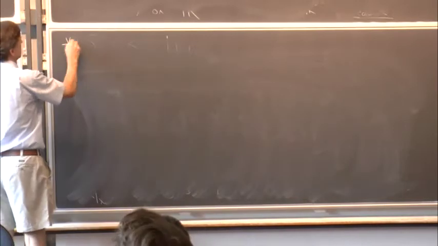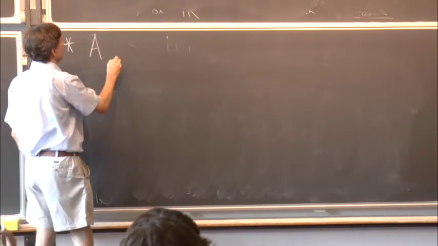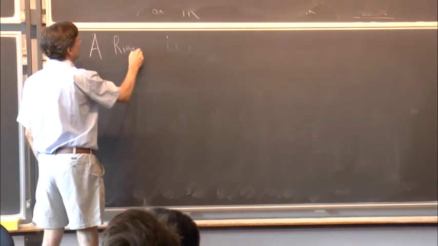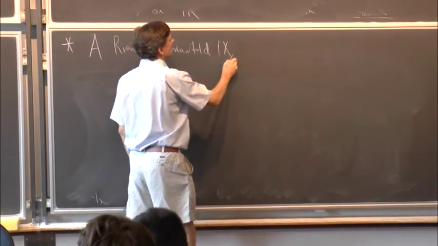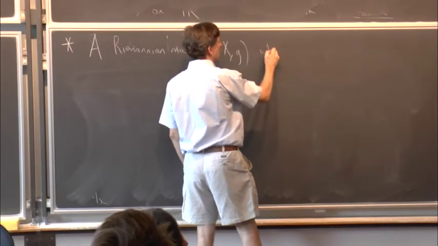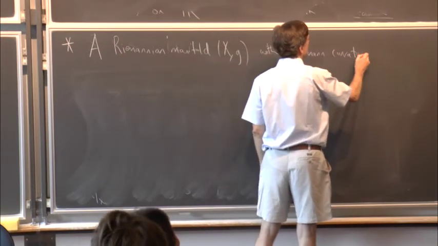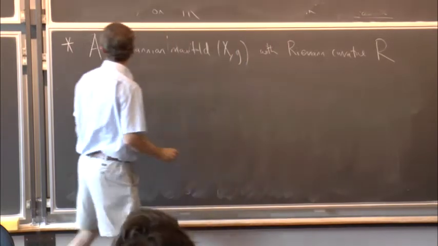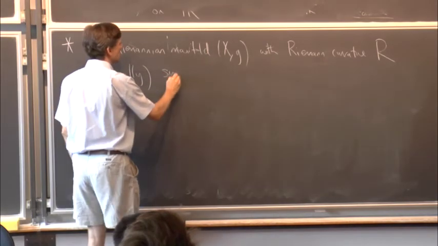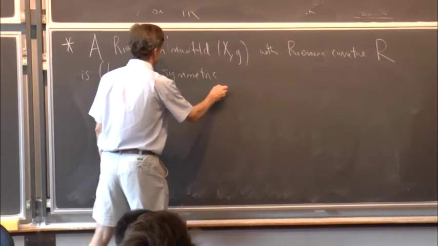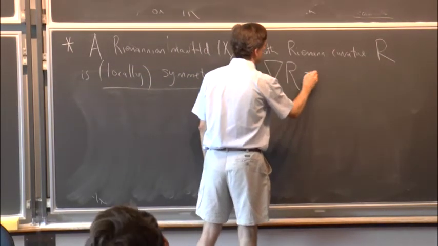A Riemannian manifold (X, g) with Riemann curvature R is locally symmetric if nabla R is 0.